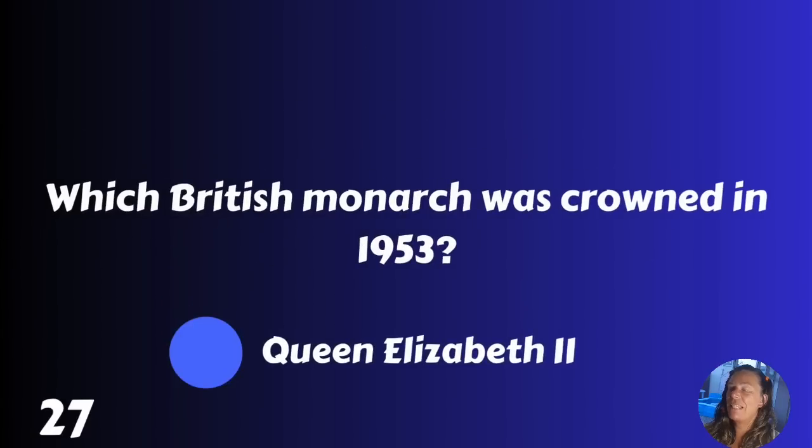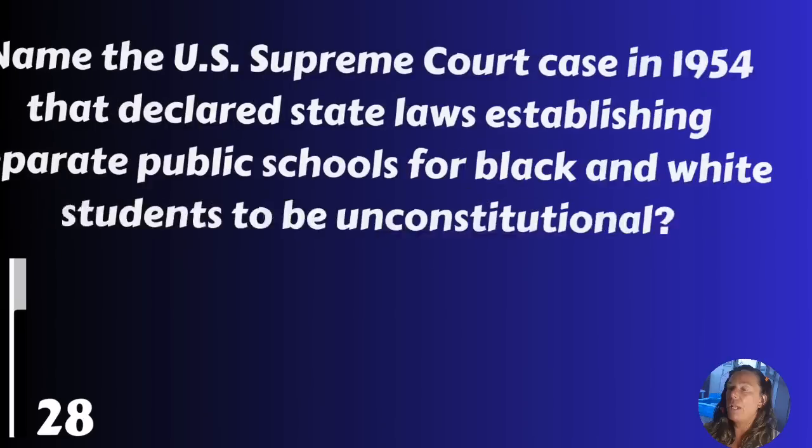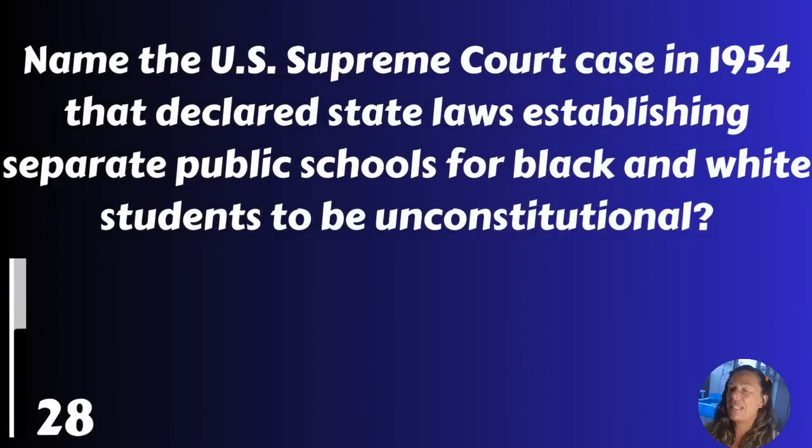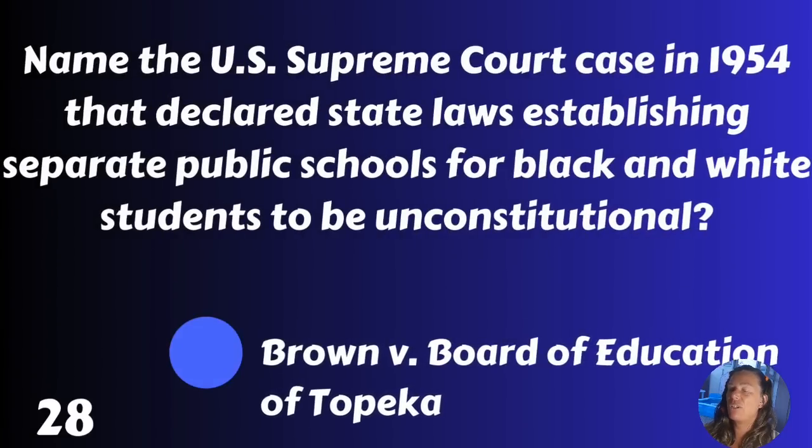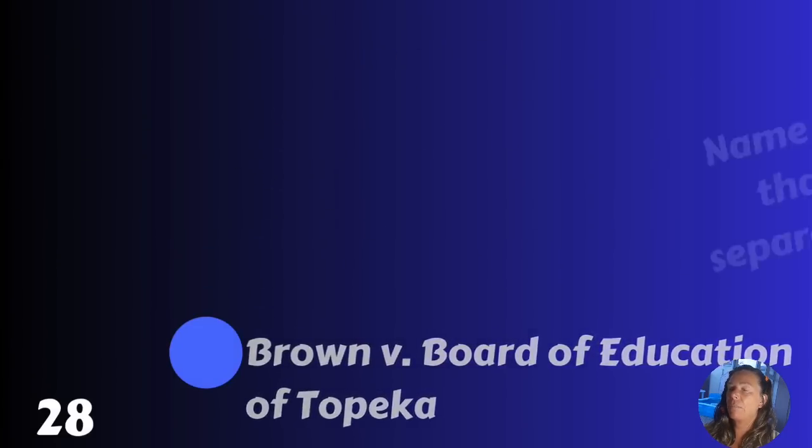Our dear Queen Elizabeth II recently passed. Name the US Supreme Court case in 1954 that declared state laws establishing separate public schools for black and white students to be unconstitutional. It was Brown v. Board of Education of Topeka.